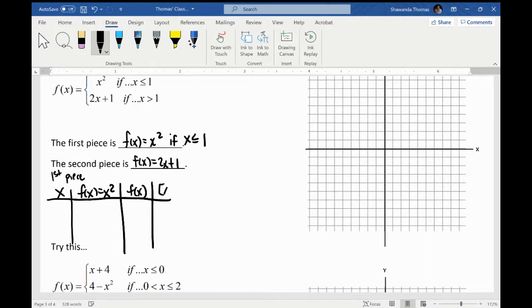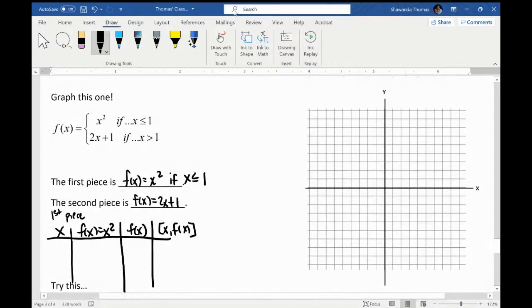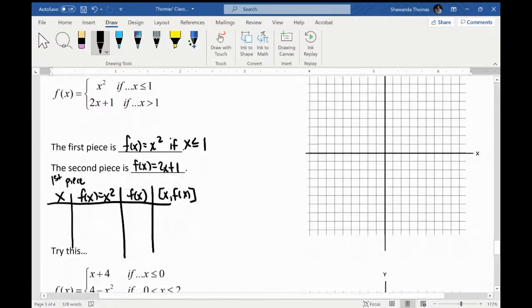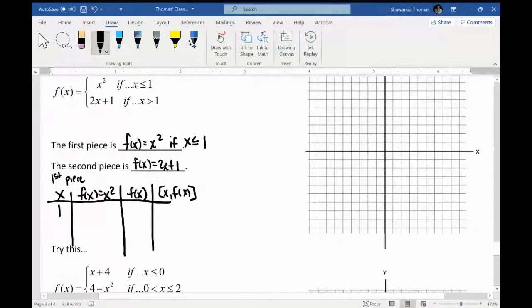I want you to start with whatever that number is right there. No matter what, I want you to start with it. So we're going to start with 1.